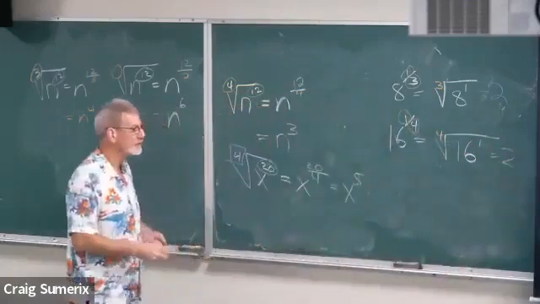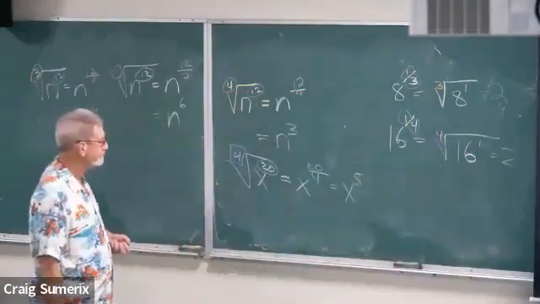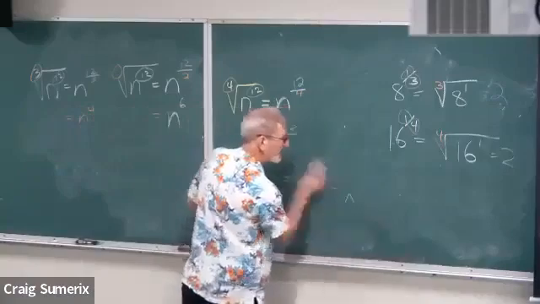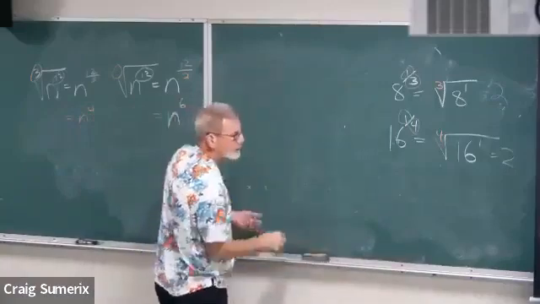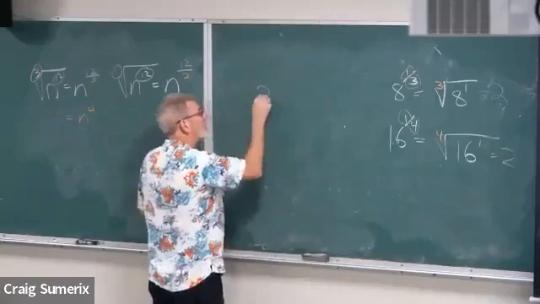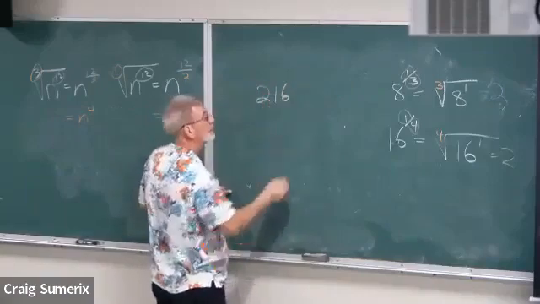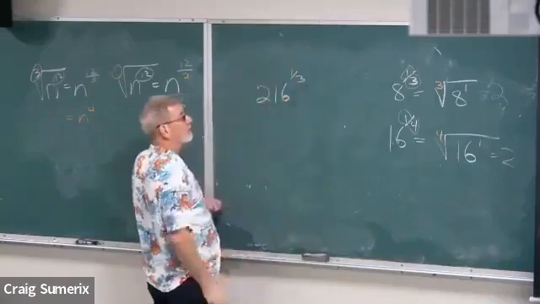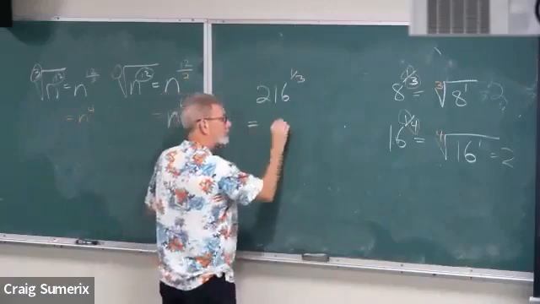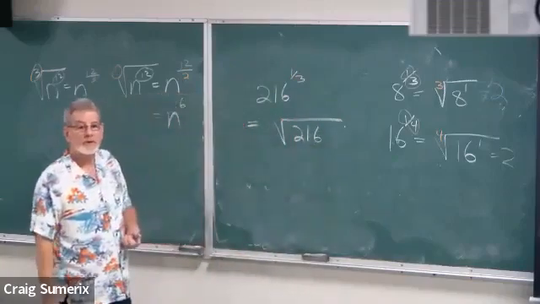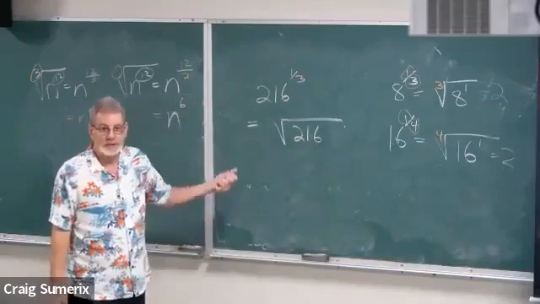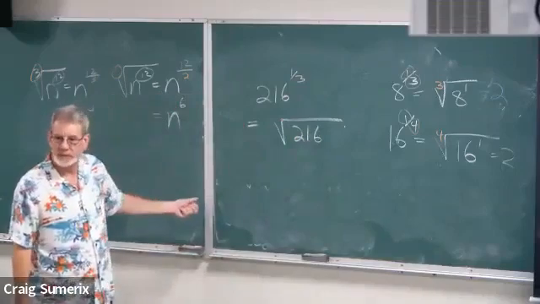We pick small numbers. What about that 78? What is that? 216 to the 1/3 power? You write it as a radical if it helps. Back to what I was saying earlier: 80% of math is rewriting it in a way that looks more familiar.